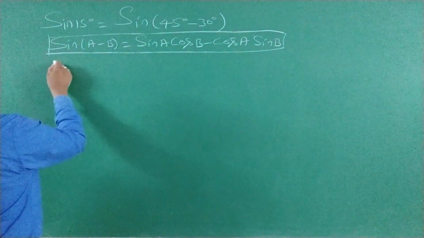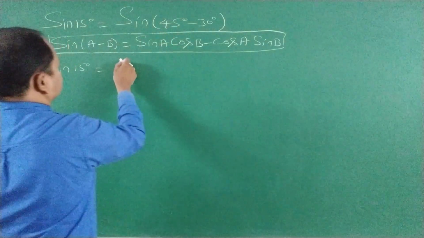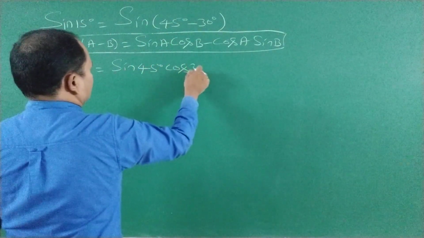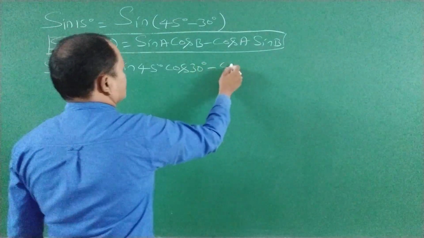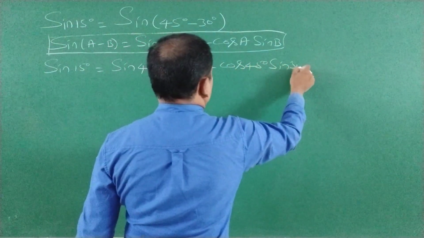Then sin 15 degrees expands to sin 45 cos 30 minus cos 45 sin 30.